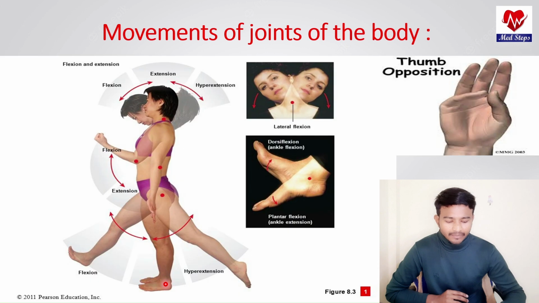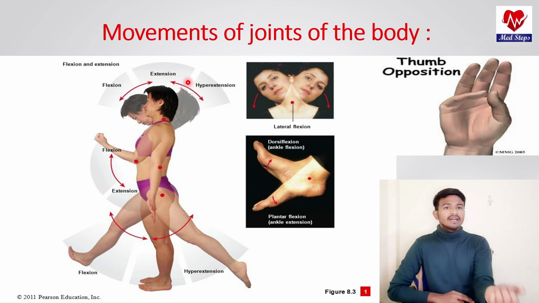Opposition in thumb alone. If you see this image, this guy bending his head, so we call this flexion. Normal position, that is extension. If I do like this, it is hyperextension, right? This is extension, this is flexion, this is hyperextension.